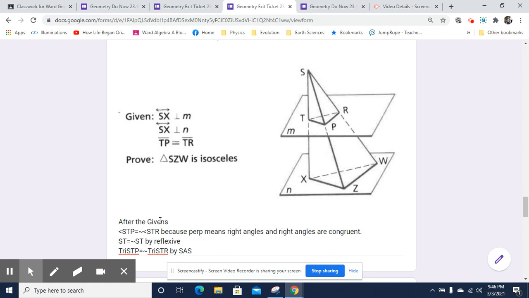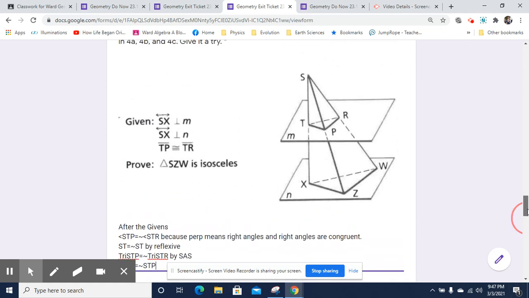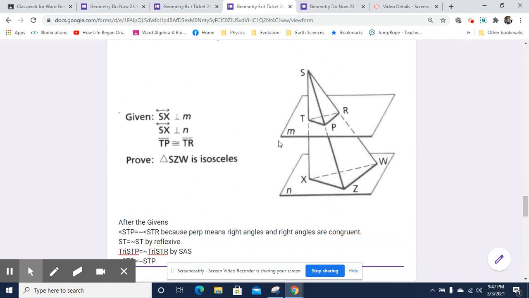Once we've got that, we can say that angle TSP and angle TSR are congruent by CPCTC. Let me make sure you can see which ones those are. I apologize, let me correct that.